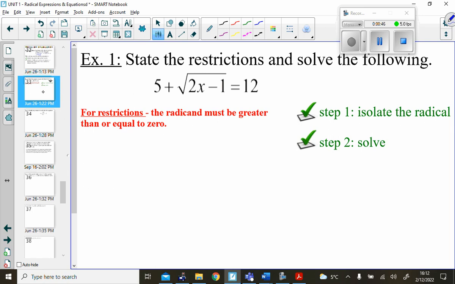The first step you will do when you see an equation that has a radical in it is you will isolate the radical. You will get the radical by itself, so anything that's with it has to go away. And then, once you've isolated the radical, you will solve by squaring both sides.